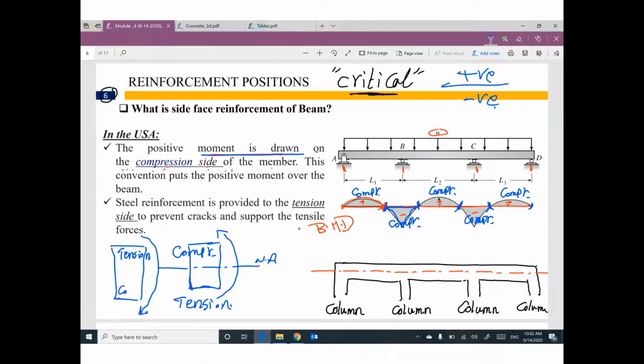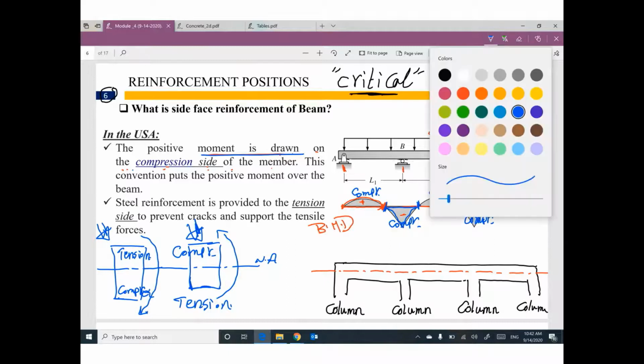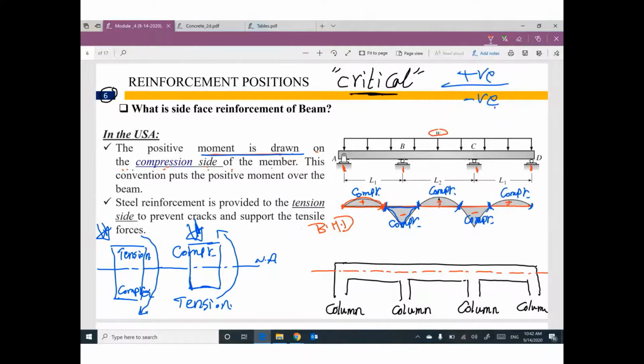Your compression at the bottom and your neutral axis is here. So we need to determine, are you in this case or this case? Why? The answer is very simple. Because if you are in this case, your reinforcement must be here at the tension side. If you are in this case, your reinforcement must be here on the tension side. That's right.